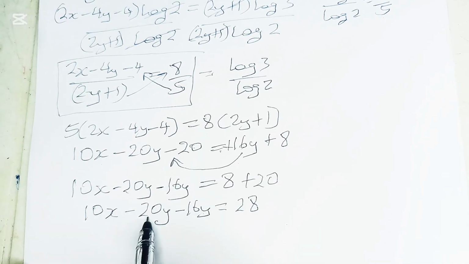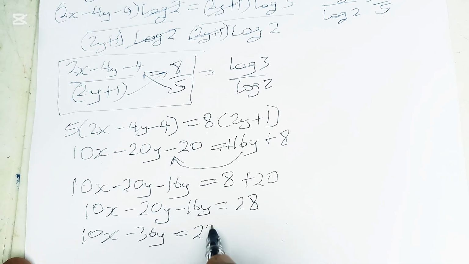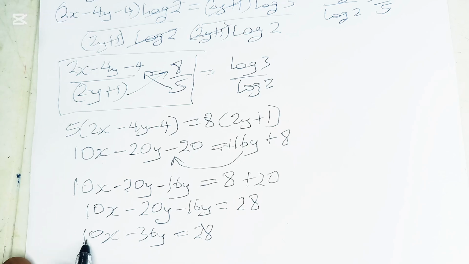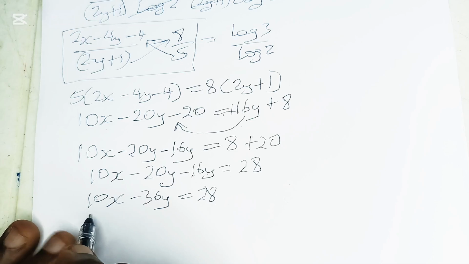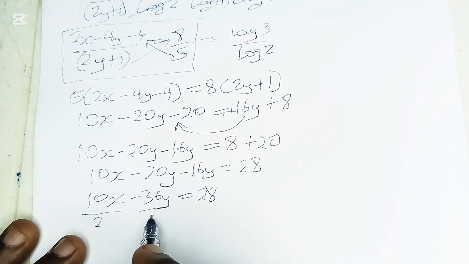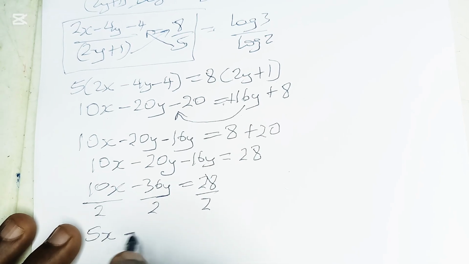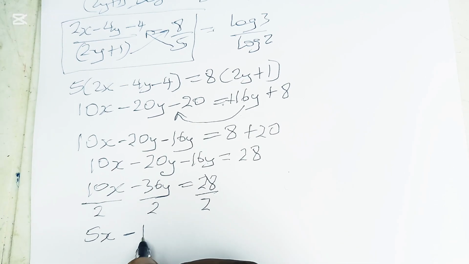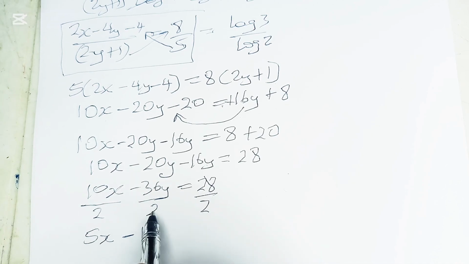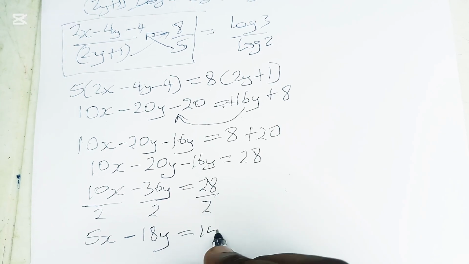So we have 10x minus 20y minus 16y is equal to 28. Minus 20 minus 16, that should give us minus 36. So 10x minus 36y is equal to 28. Mind you, this can be divided by 2 throughout. So we have to say divided by 2, 2 and 2. 10x divided by 2, we have 5x. 36 divided by 2, we have 18y is equal to 14.